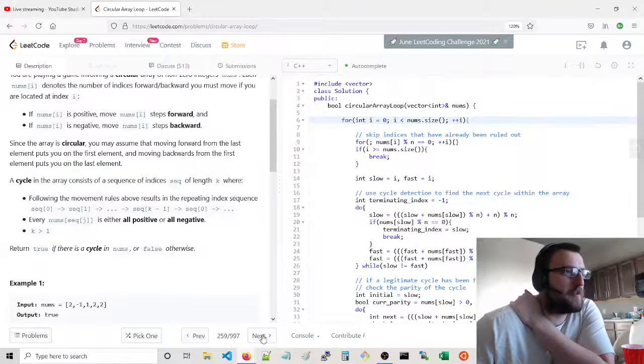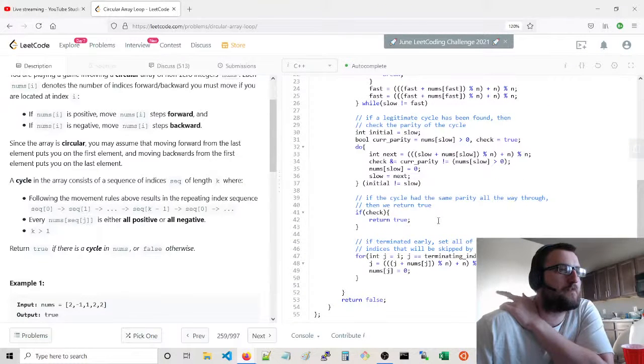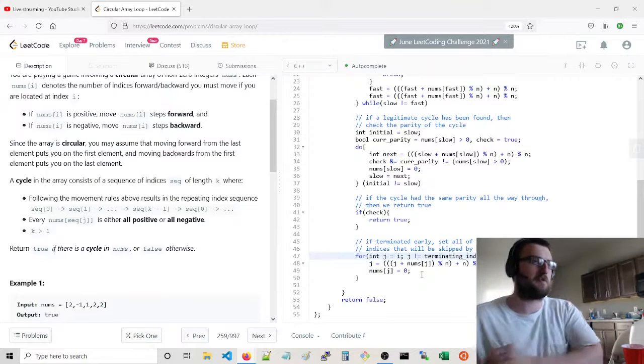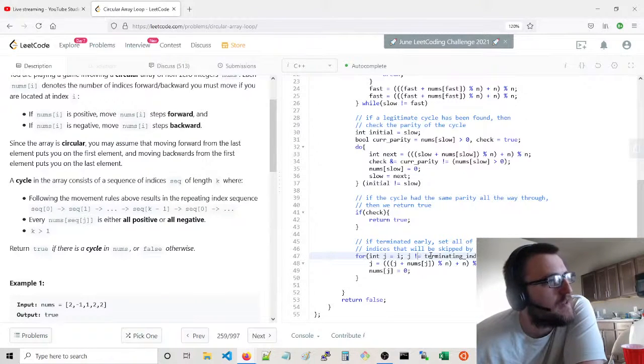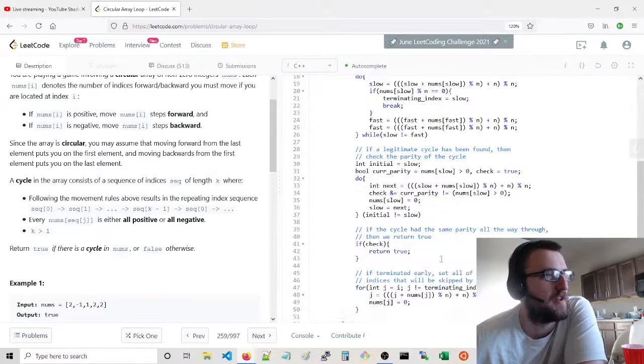Now there's one more issue here, one more problem. Oh, this should also be not equal to, by the way. If it's not equal to this terminating index, then we'll keep looping. Oh, that's confusing. It'll never be equal to that terminating index if we set it to -1.